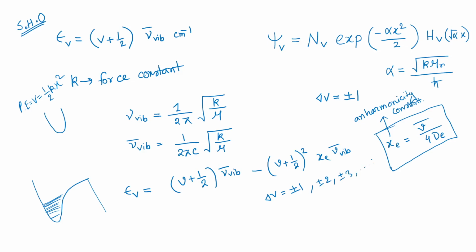But one more thing that I have not discussed yet: what is the most populated state for a rotational level, when we discuss the rotational spectra? It depends on the population.